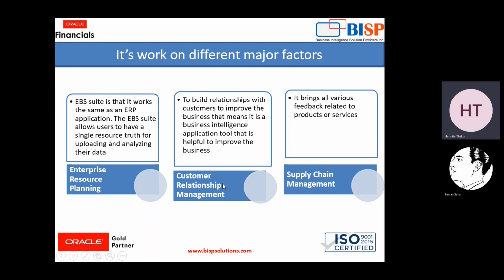Customer relationship management: to build a relationship with the customer, to improve the business. That means it is a business intelligence application tool that is helpful to improve the business. So customer relationship management works on building a relationship with the customer and improving it with the business. Then there is supply chain management.